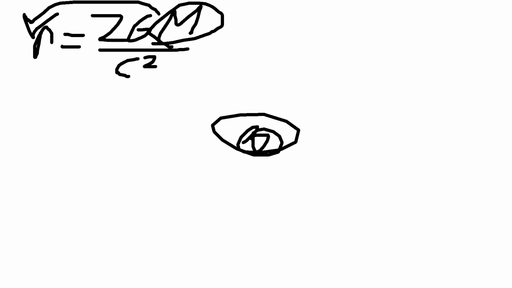So when a star goes supernova, let me just start drawing again. Let's say we have a big yellow star here, and then it explodes on itself. It's not going to explode only outwards, but also inwards.